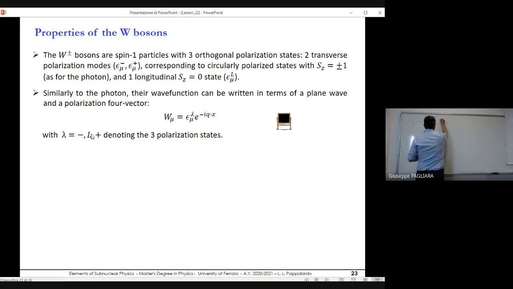Now, the wave function of the W, as we saw before, is the polarization vector, where lambda identifies the 3 polarization states, times a plane wave, e to the minus i Q x, or this Q that we call P1, the momentum of the W. So this we can also write as epsilon mu lambda e to the minus i (P3 plus P4) x.